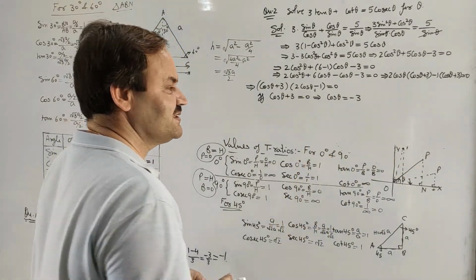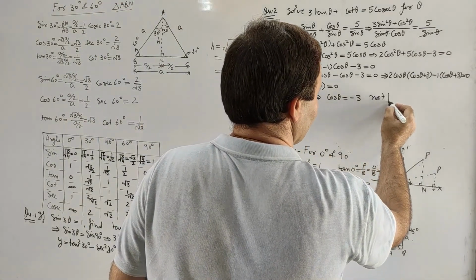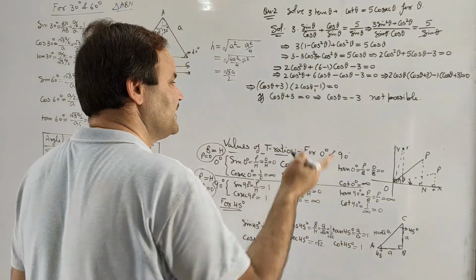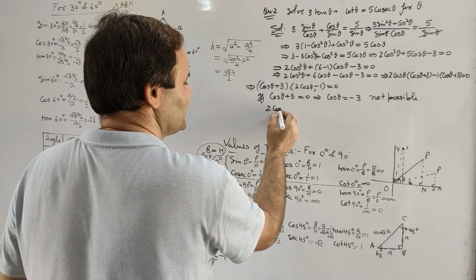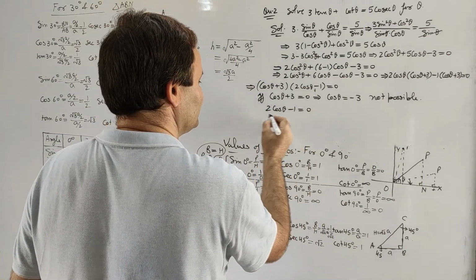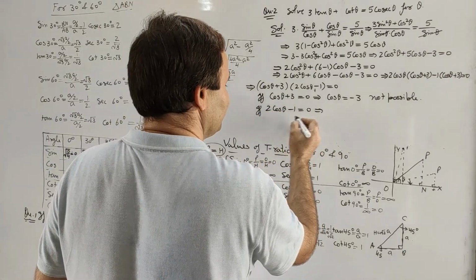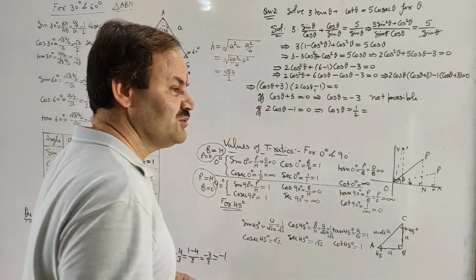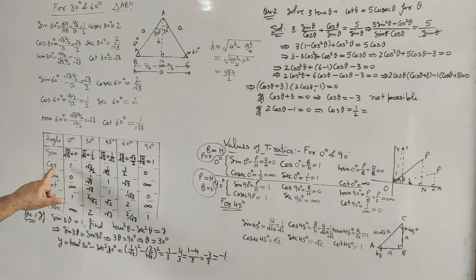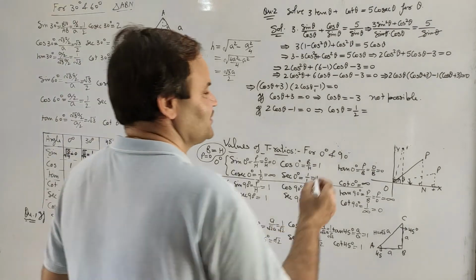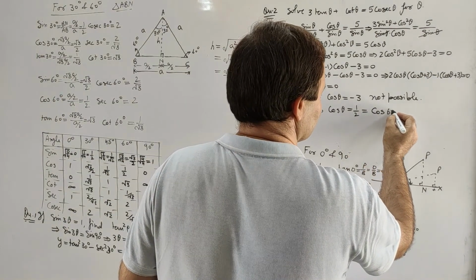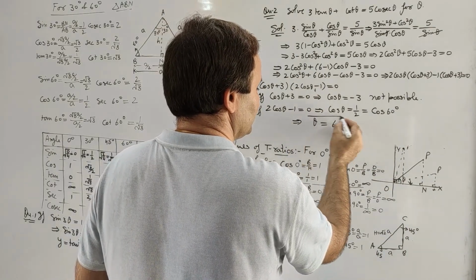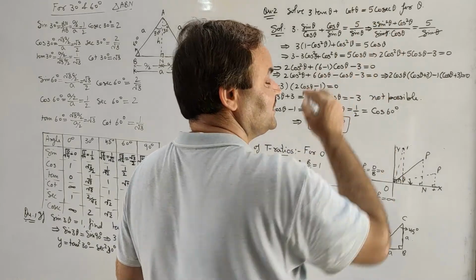So minus 3 is not possible, and if it is not possible, then the only possibility is 2 cos theta minus 1 is equal to 0, and this will give us cos theta is equal to 1 by 2, and we know that 1 by 2 is the value of cos 60 degree, so it will be cos 60 degree, which implies theta is equal to 60 degree is the solution to this equation.